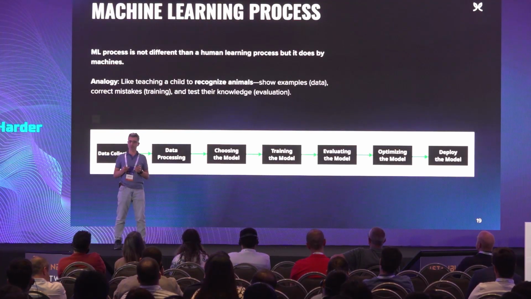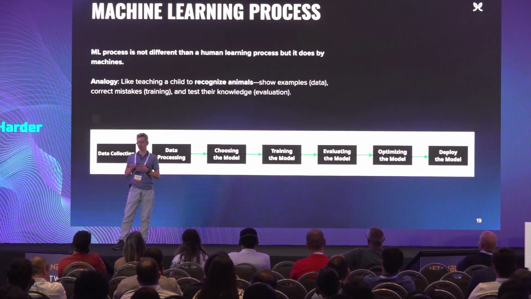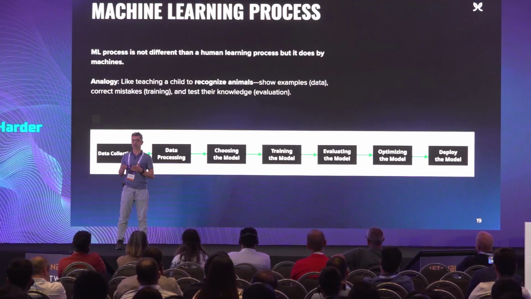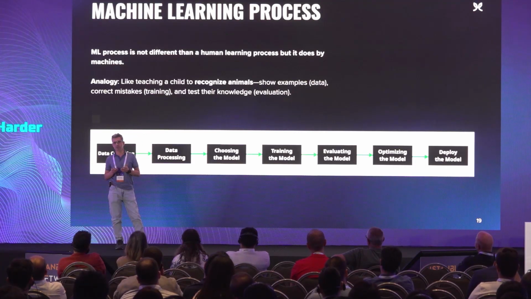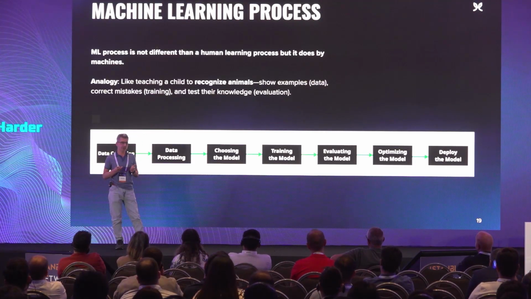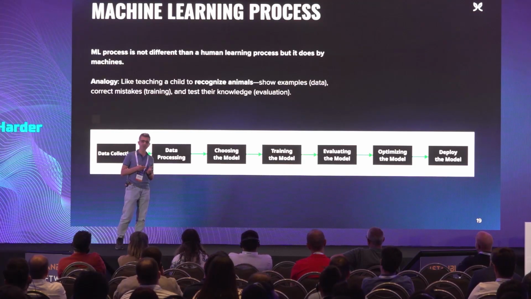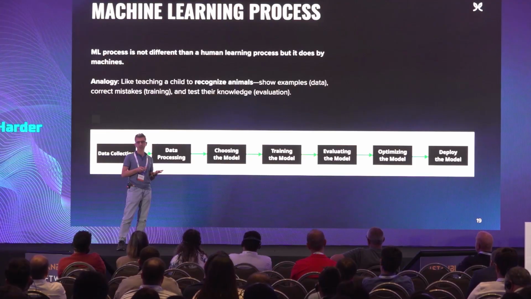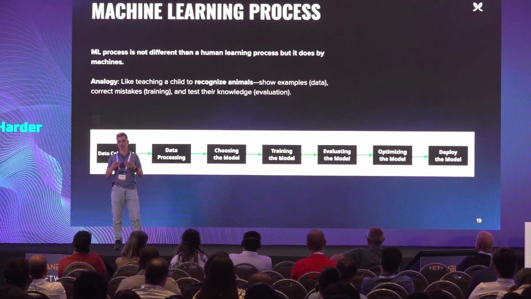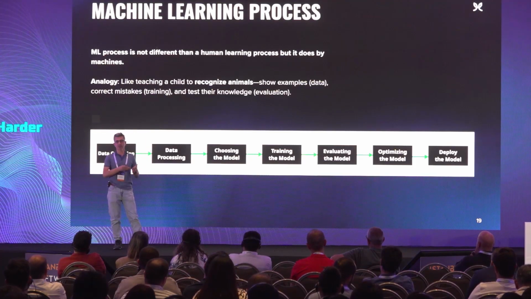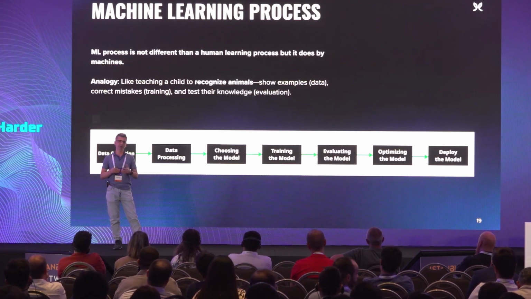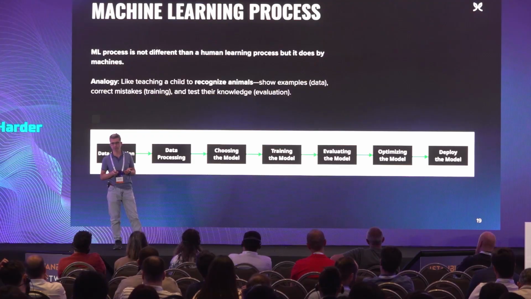Using machine learning for evaluation is also done in a process. Basically, we need to collect the data, and we should have some historical data. After we have the historical data and the current data, we have to process the data so that it is comparable and can be applied to the machine learning model.